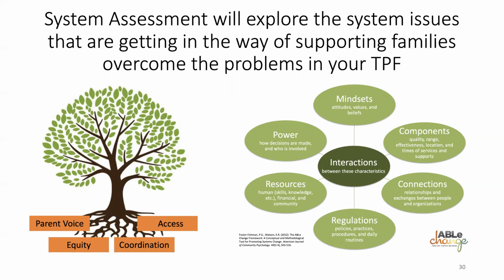Equity, are we making sure that the families that are most experiencing the problems in the targeted problem framework are actually getting the services and support they need? And then parent voice, in what ways are we actually engaging parents in understanding these system problems and helping to figure out the answers to those problems so that they can best be served?